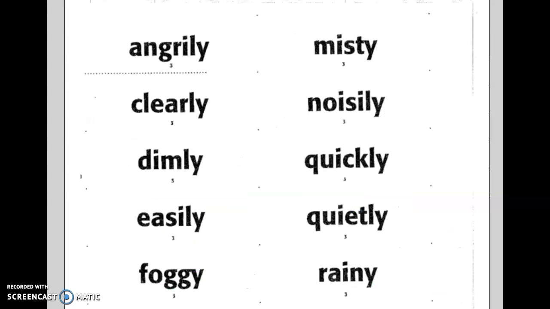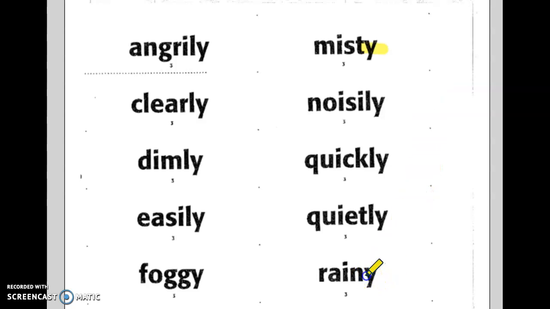You will need your highlighters for the next part of this assignment. We are going to start with the yellow highlighter and look for words with the suffix y that have been added to the root word or the base word. For example, in the word misty, mist is the root or base word and the suffix y has been added to it.